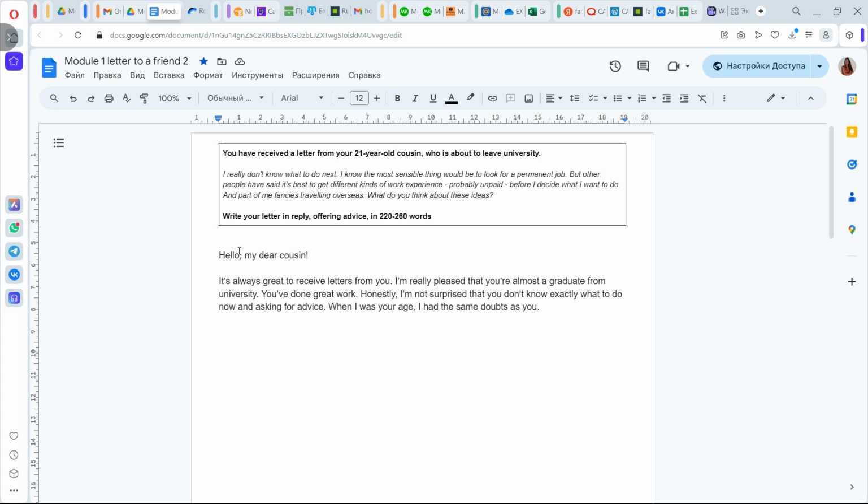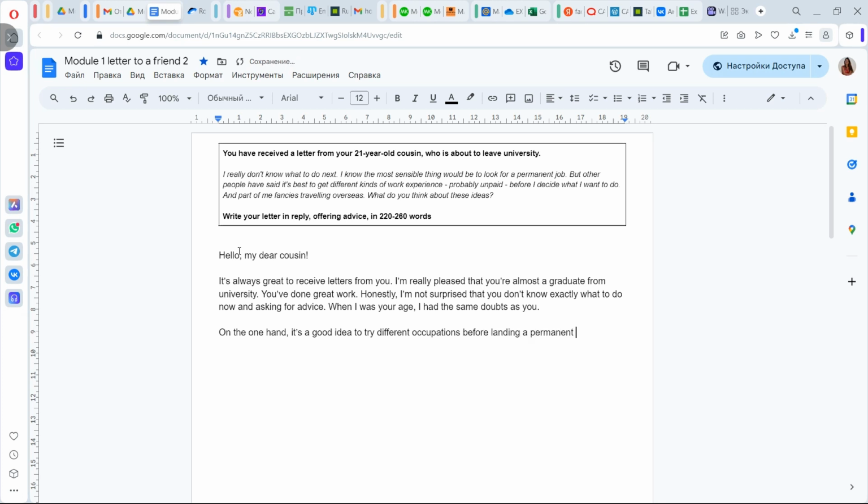Now let's start writing our first paragraph. In this paragraph, we are going to talk about getting different kinds of work experience. Since this paragraph is going to be kind of opposite to the paragraph about getting only one permanent job, we can start it by using "on the one hand." And as for the second paragraph, we can use "on the other hand."